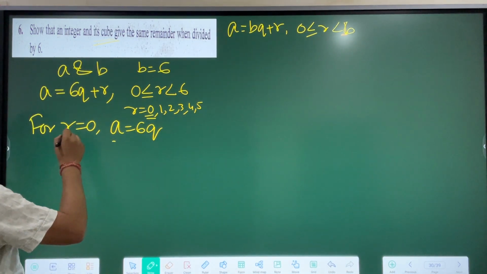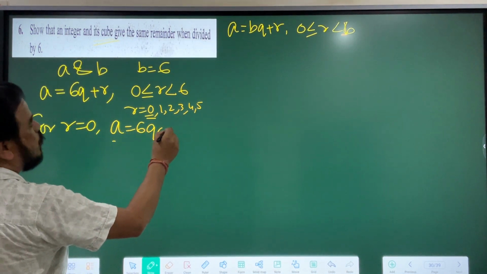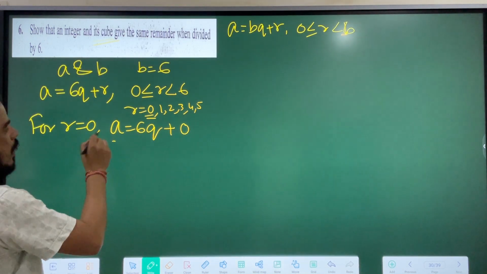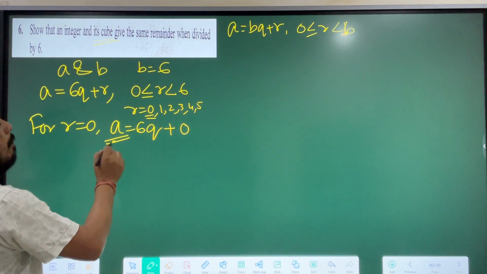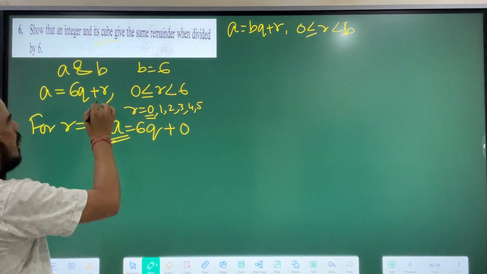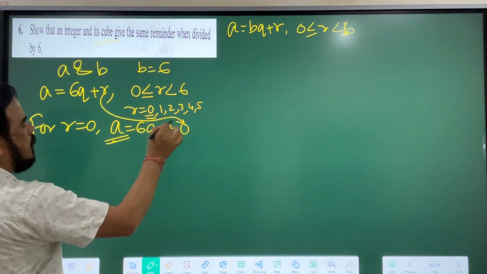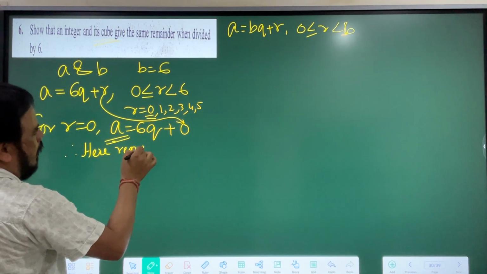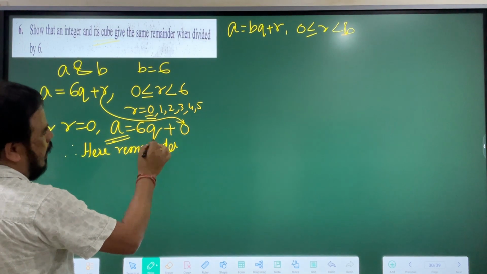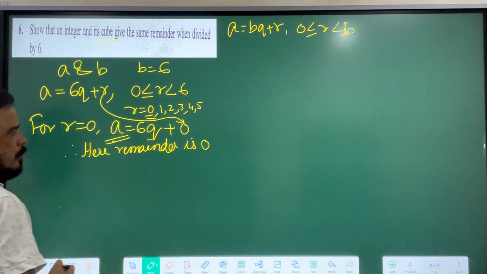When R equals 0, then A equals 6Q plus 0. What is the integer? The integer is A. If we divide A by 6, what is the remainder? In place of R, what is there? 0. So here the remainder is 0.